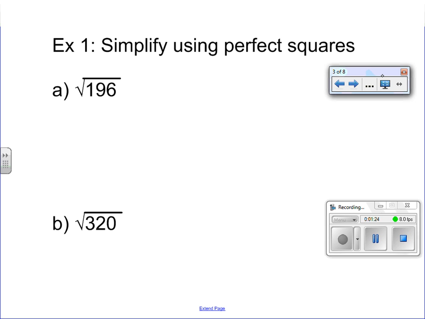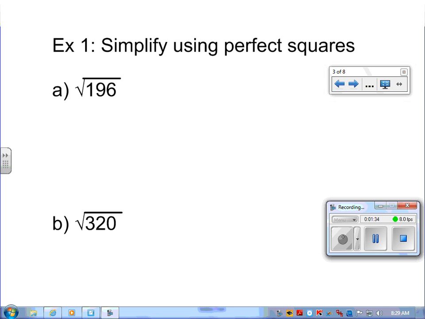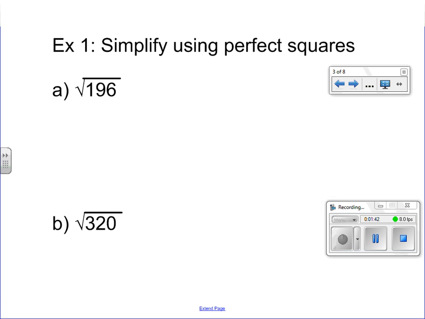So they want us to simplify using perfect squares. All you need to do is plug these into your calculator, see what we get here. On the first one, plug into your calculator radical 196, hit enter. It gives us an exact answer. That is equal to 14 because 14 times 14 equals 196.